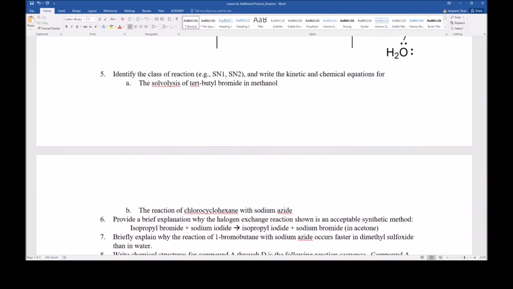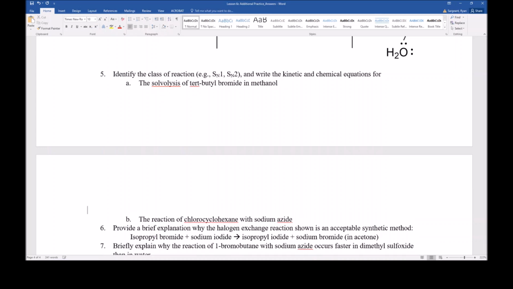Okay, next question. It says identify the class of reactions as Sn1 or Sn2. Oops. It bugs me not to have these N's properly subscripted. And write the kinetic equation for the solvolysis of tert-butyl bromide in methanol.